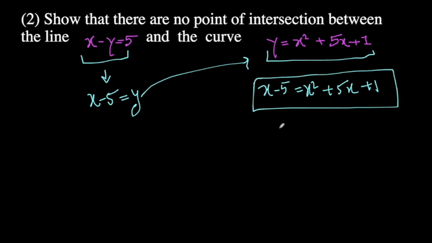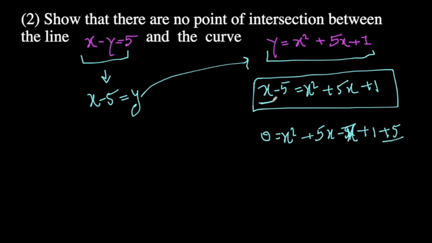Okay, now let's try to solve it. So 0 is equal to x square, same method we have to use which we used in the previous question, 5x minus x plus 1 plus 5. I hope you understand why there is a plus 1 plus 5, and sorry, there will be minus x here. Why is it minus x?